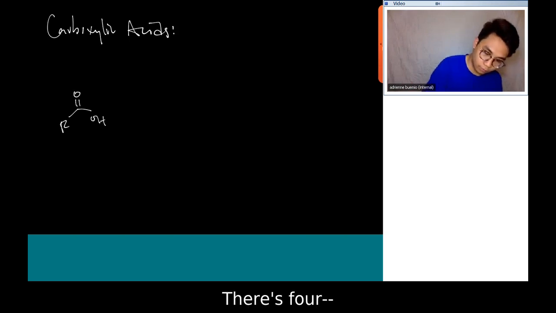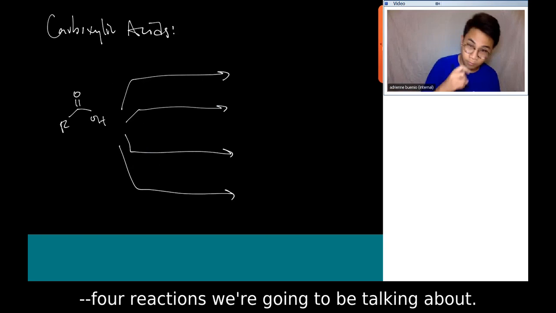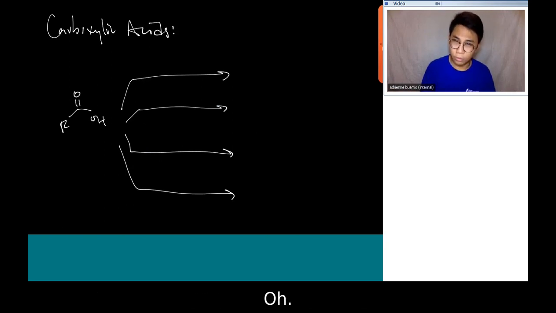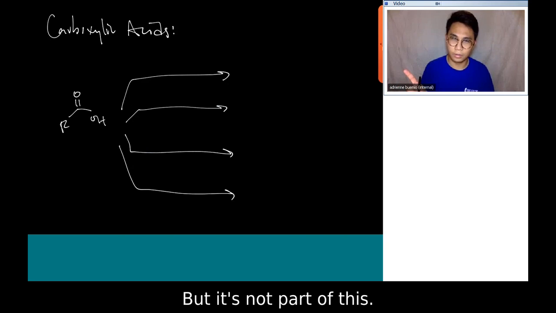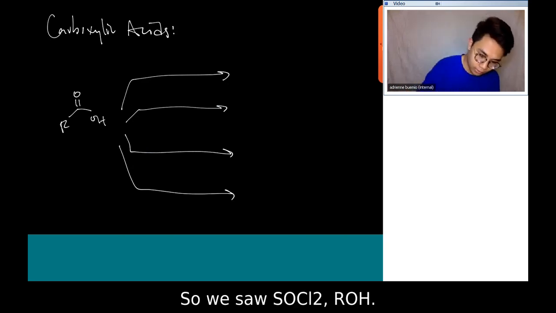There's four reactions we're going to be talking about. Oh, actually there's a five, but it's not part of this. It's like an additional one, but we'll have room. So we saw SOCl2, ROH.